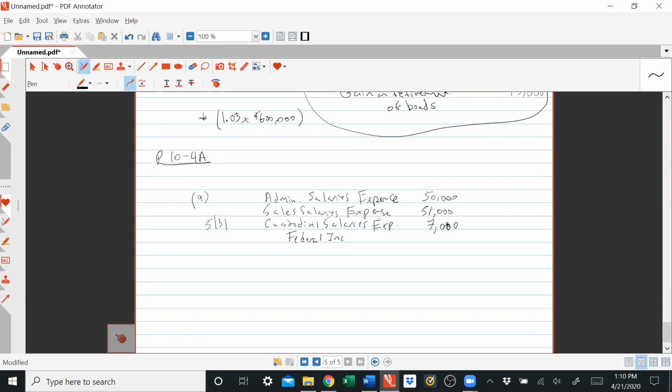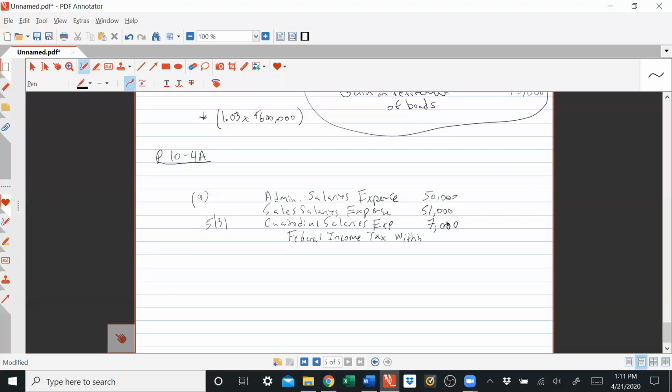We withhold the money from their check, and we turn around and give it to the government, to the IRS. Go ahead and misspell withholding. There's two H's. Withholding payable.